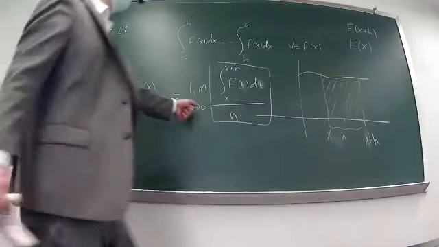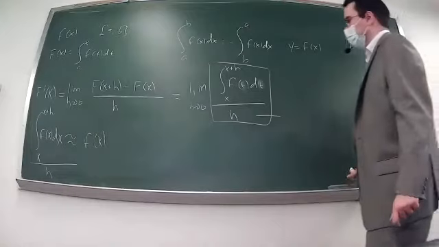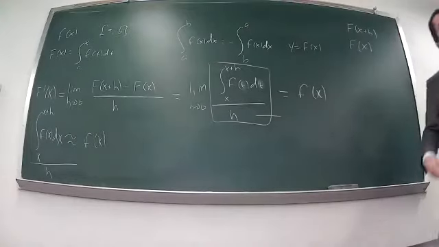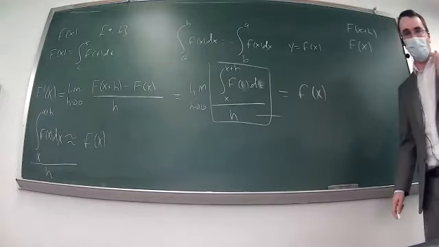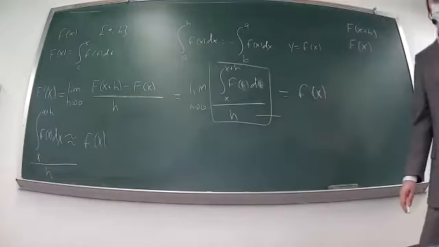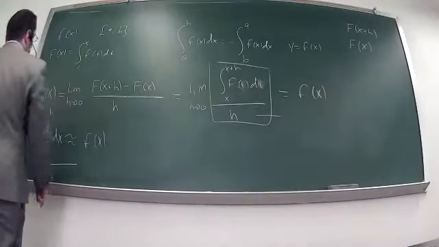And therefore, when you take the limit as h goes to 0, that limit will actually be f of x, not just close to it, but will literally be f of x. So that's how the proof goes.